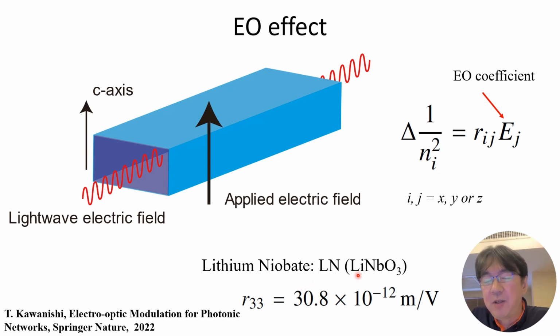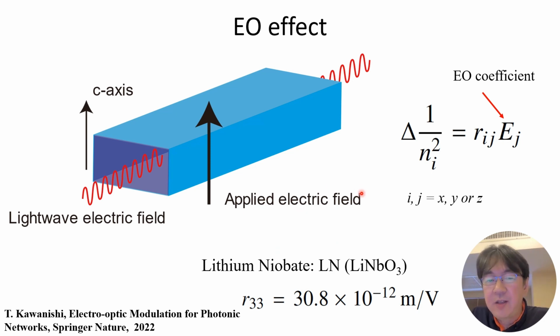Actually, in the lithium niobate, the EO effect will be the largest in R33. That means the EO effect on C-axis induced by the electric field on C-axis. So we have to align the applied electric field as shown here, and the electric field of light wave also on that direction. By using this configuration, we can get large EO effect.